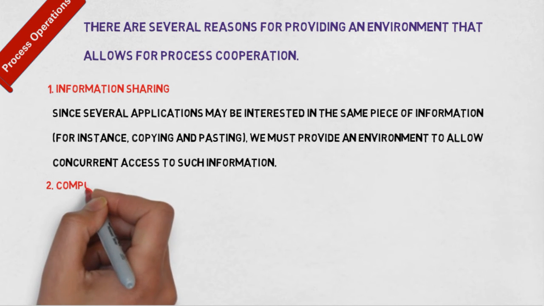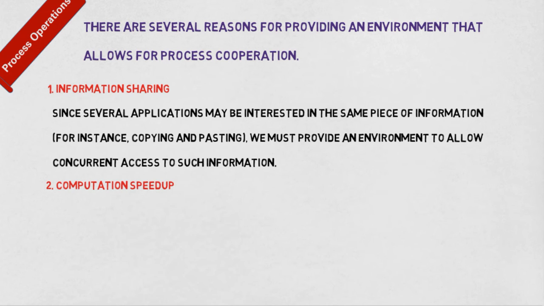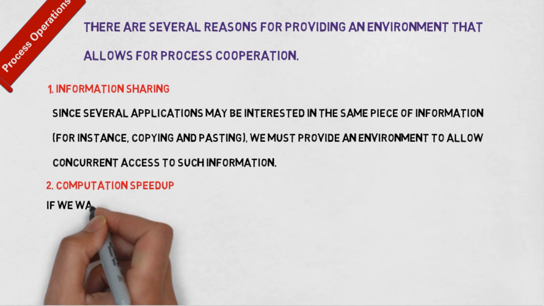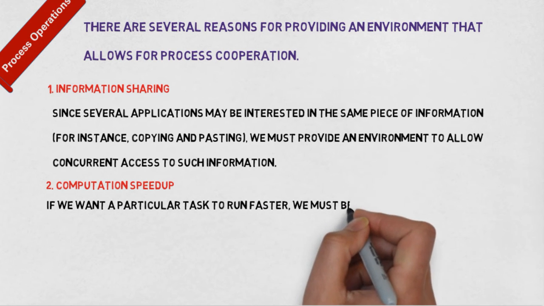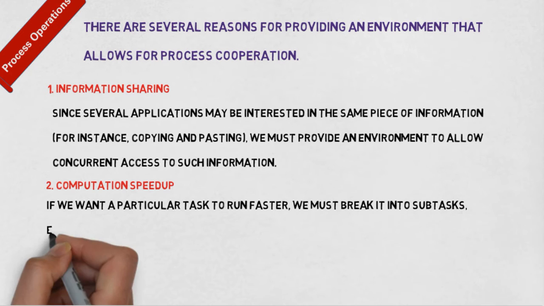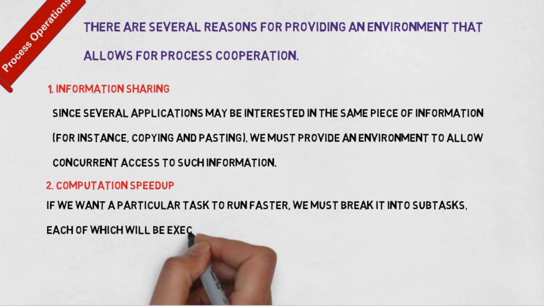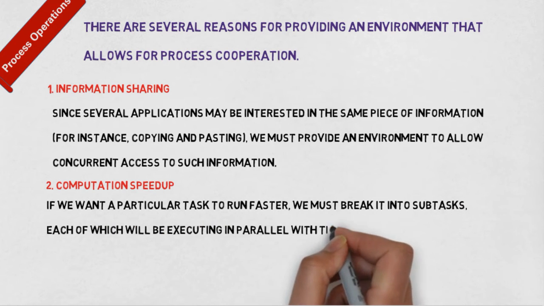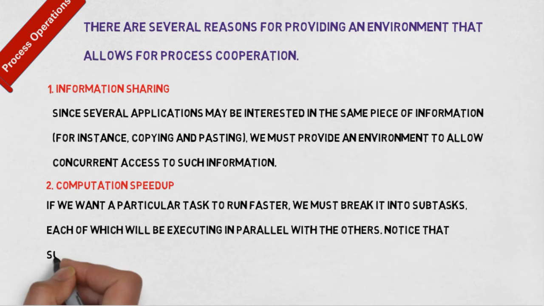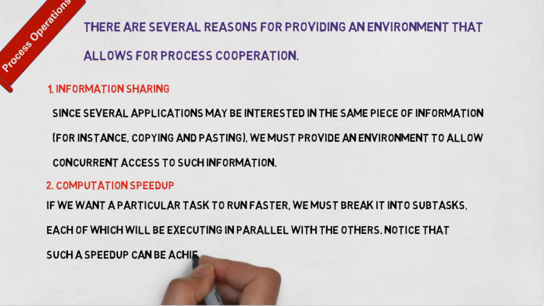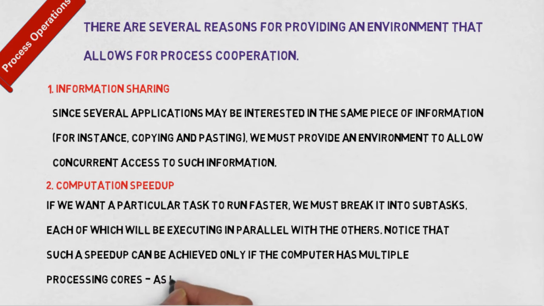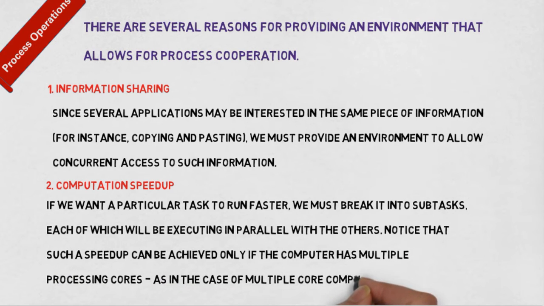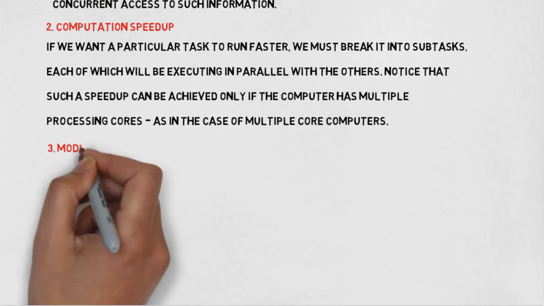Secondly, computational speed up. If we want a particular task to run faster, we must break it into subtasks. Each of these subtasks will be executed in parallel with the others. Notice that such a speed up can be achieved only if the computer has multiple processing cores, like in the case of multi-core computers. Thirdly is modularity.